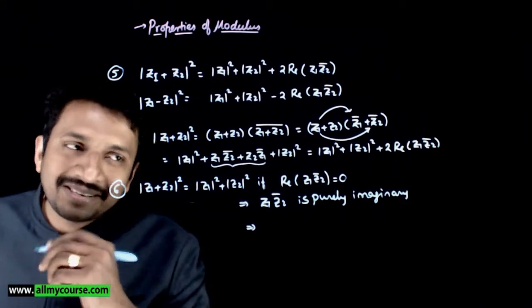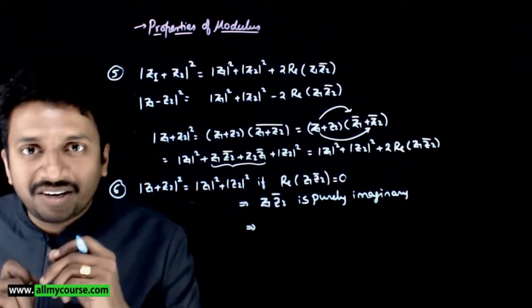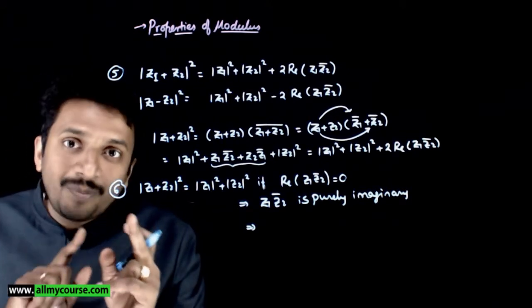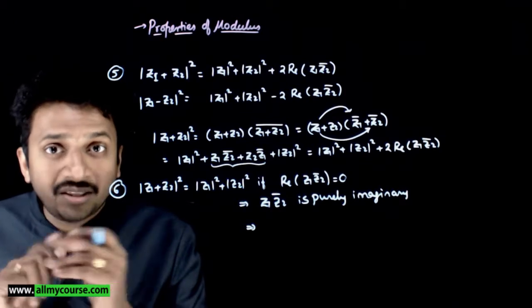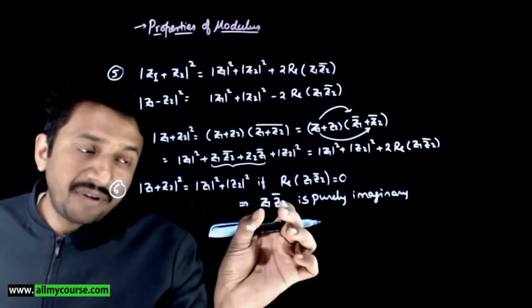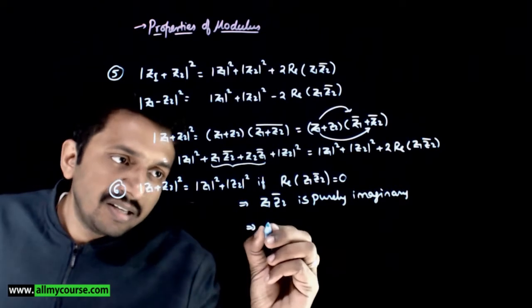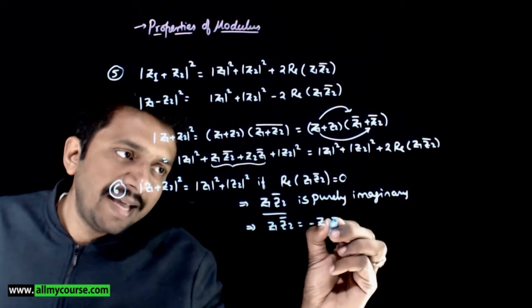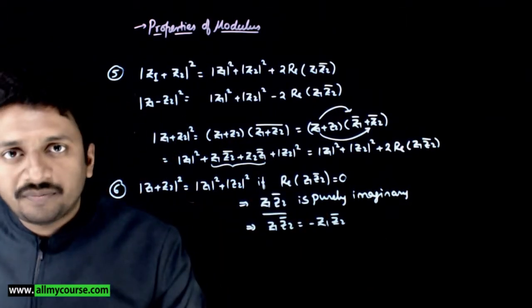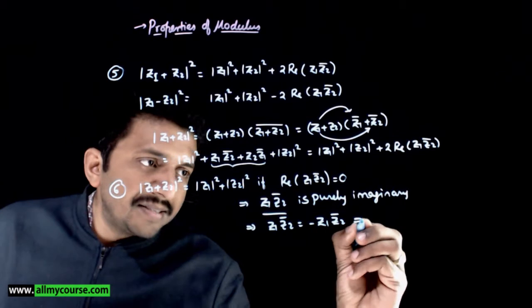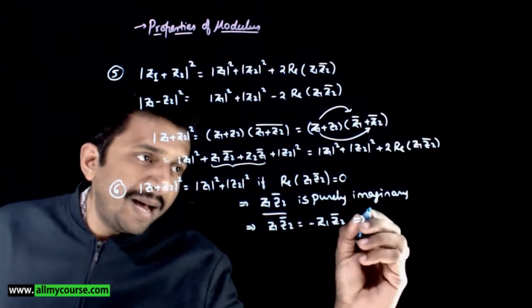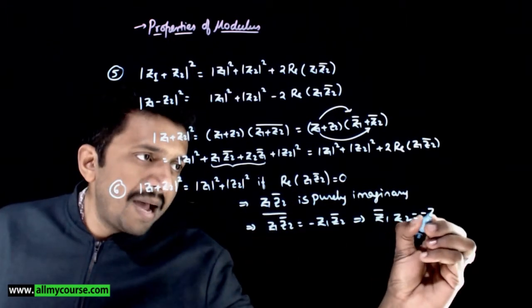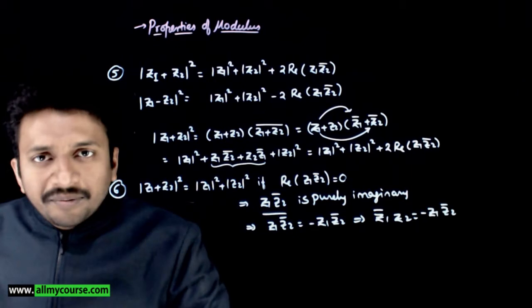So if a complex number is purely imaginary, what is the meaning of that? That is, z bar should be equal to minus of z. That is what we have seen in the topic of conjugates. If a complex number is purely imaginary, z1 z2 bar whole bar has to be equal to minus of z1 z2 bar. So this implies z1 z2 bar whole bar, which is nothing but z1 bar z2, is equal to minus z1 times z2 bar.